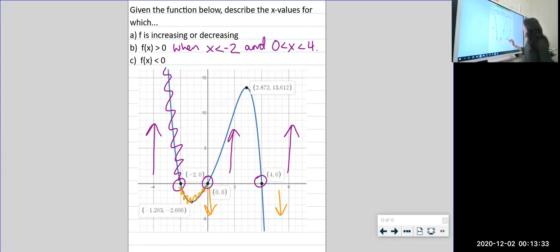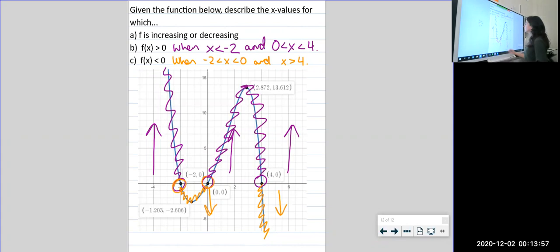Negative y's, when x is between negative 2 and 0, and when x is greater than 4. So all the purple, positive y's. All the orange, negative y's.